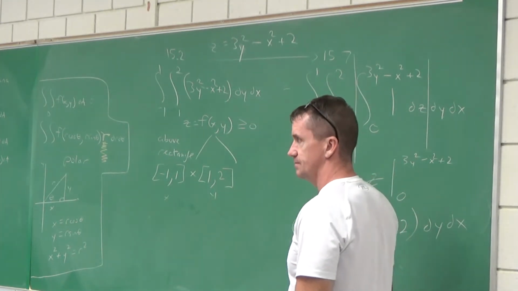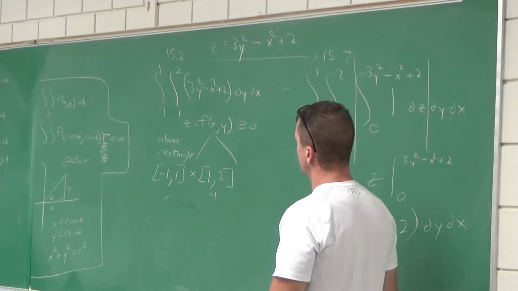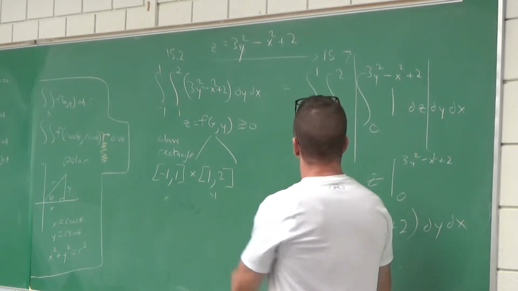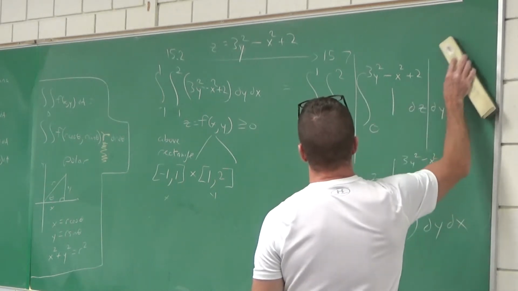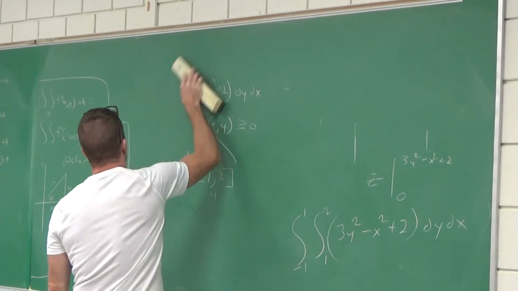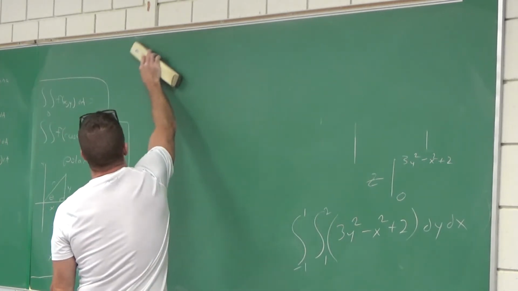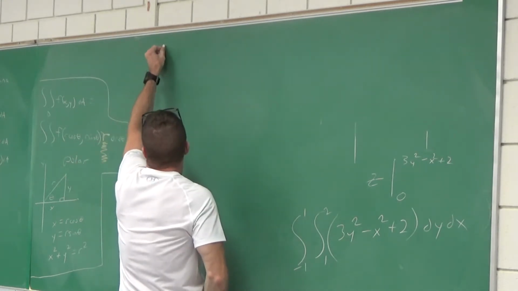Cool? Alright. So, on that note, triple integral of a 1 finds volume. This problem we won't solve. We're going to solve the one after this. Can you just set this up?